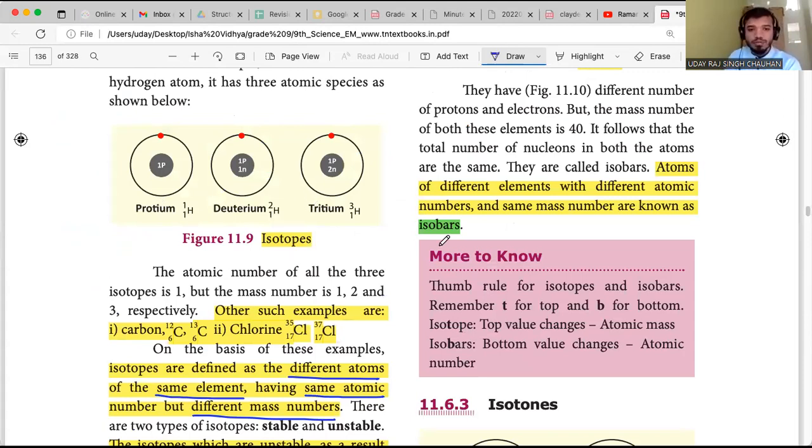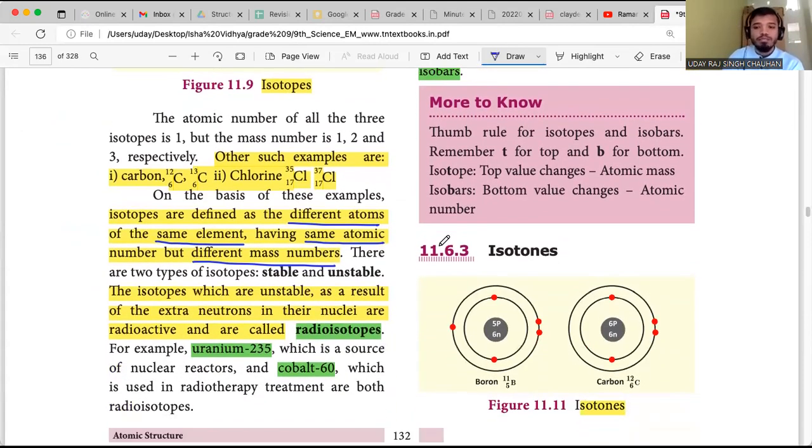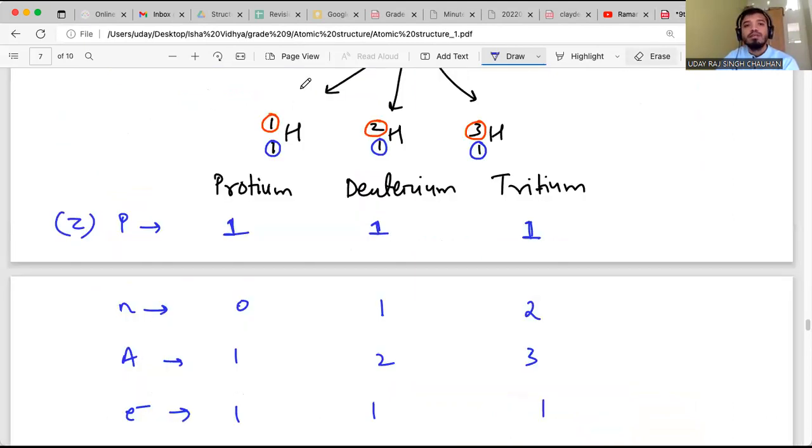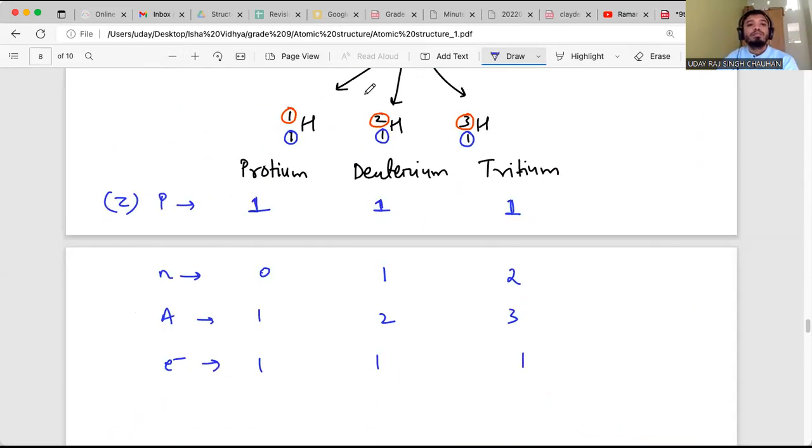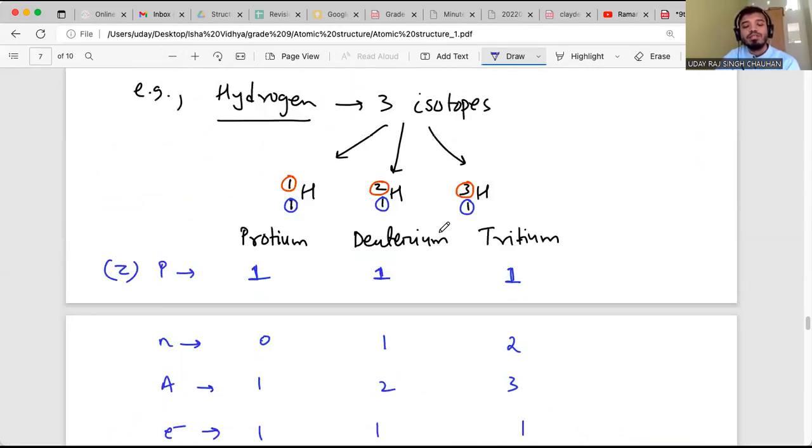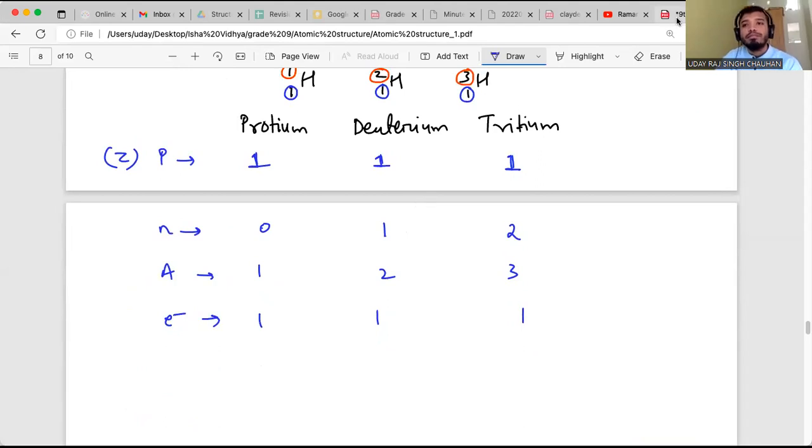Like that, you will have more isotopes. Carbon has 2, same atomic number, different mass number, 12 and 13. Chlorine also has 2. 17 is the atomic number, and this is the mass number. So for hydrogen, all of you should remember these 3.